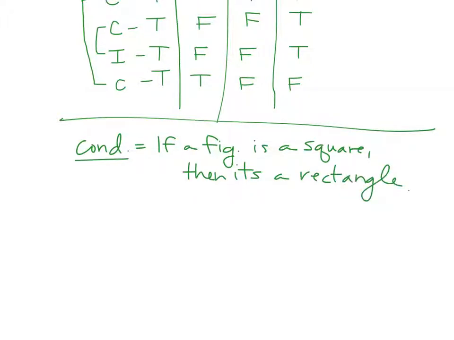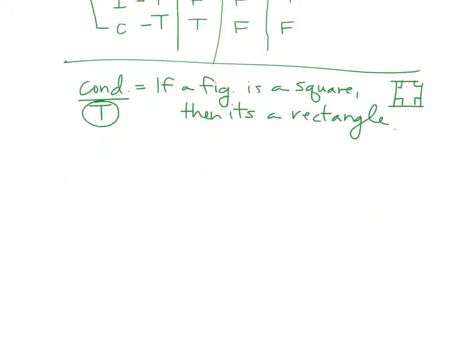If a figure is a square, then it's a rectangle. Is that true? It's true. A square is a rectangle with 4 congruent sides. The conditional is true. That means that right now, without even knowing what the contrapositive says, I know that the contrapositive is true, because they have to have the same truth value.